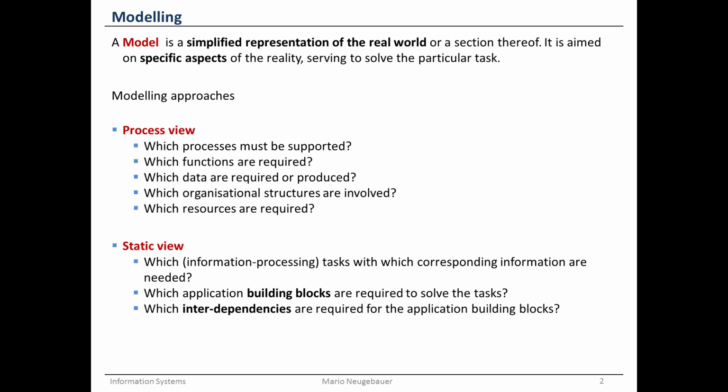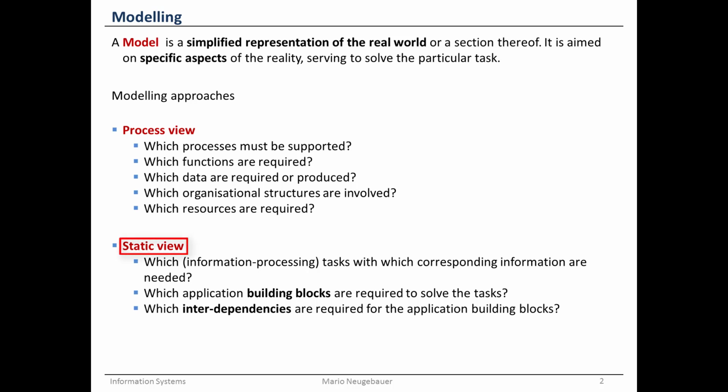Additionally to the human resources, you would require machines, devices, measurement devices, whatever, and you would have to name these resources which are large enough to model them in your process view and which are important enough, maybe because they are a scarce resource.